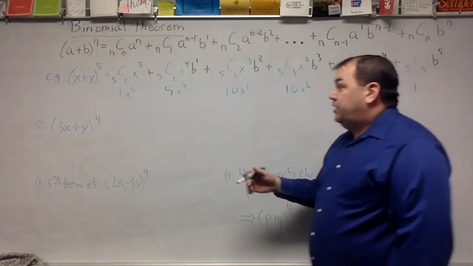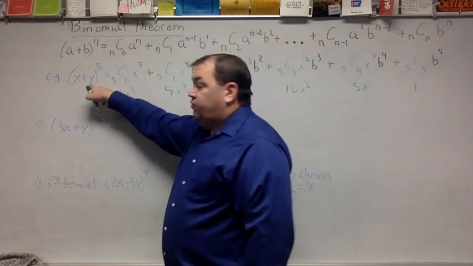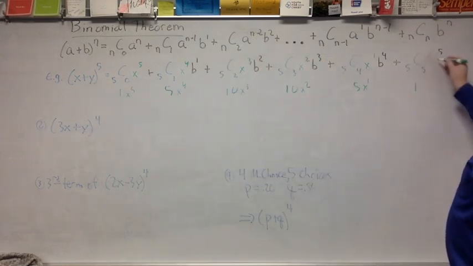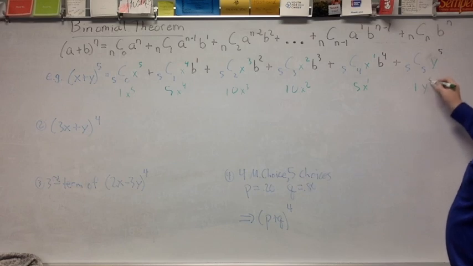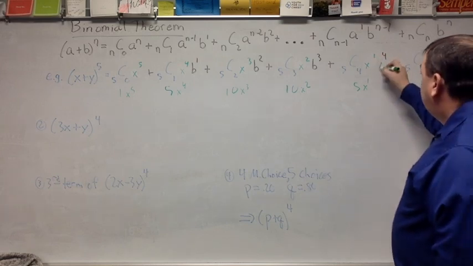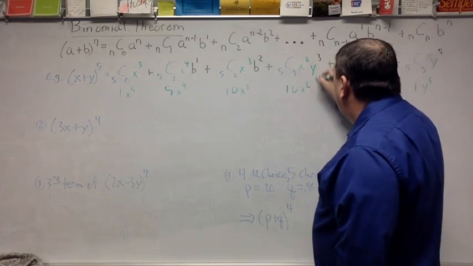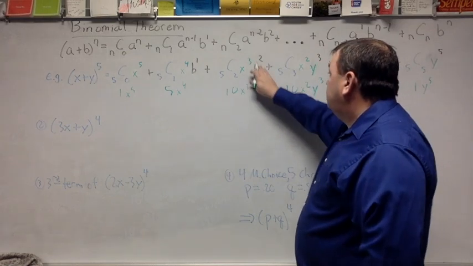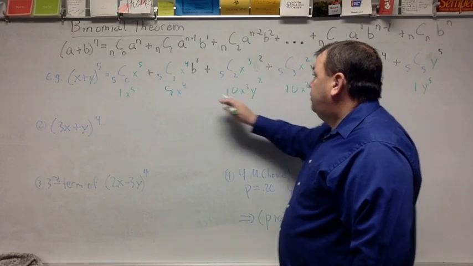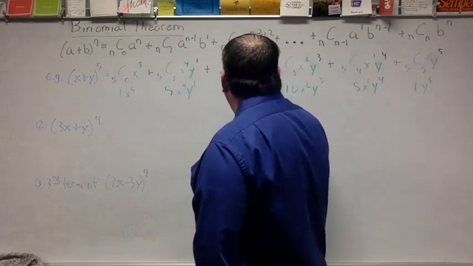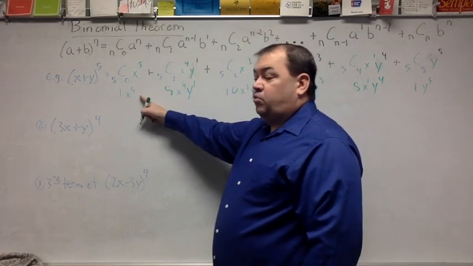Now for my y's, it works backwards. I'm going to start at the end, and this is actually y to the 5th, y to the 4th, y cubed, y squared, y to the 1st, and then this one doesn't have a y.